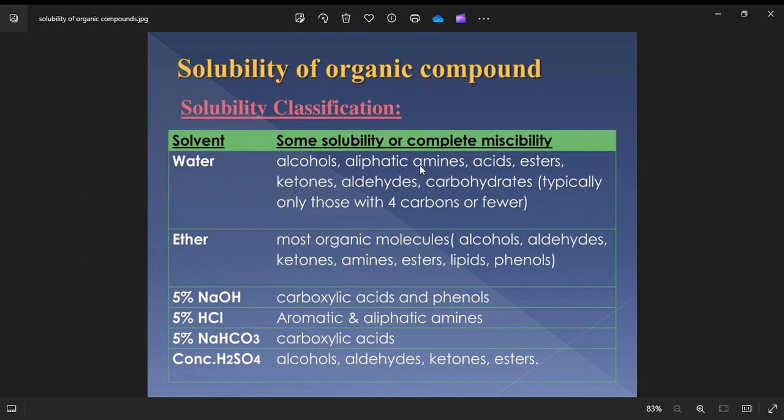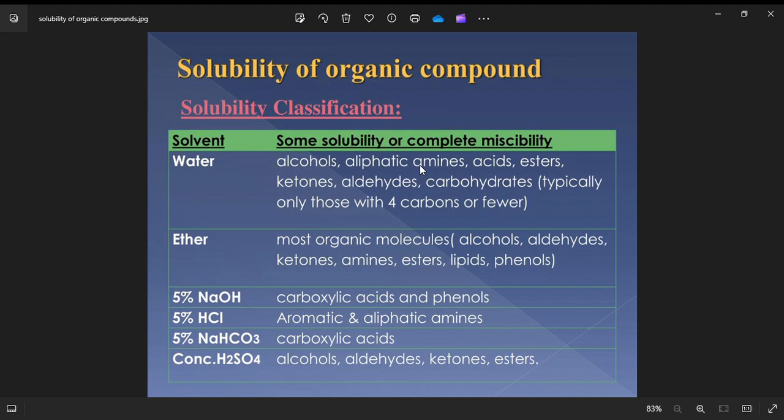So 5% sodium hydroxide is for both of them. But to differentiate, you further dissolve your substances in sodium hydrogen carbonate. Whichever one dissolves is the carboxylic acid. The other that did not dissolve is your phenol.